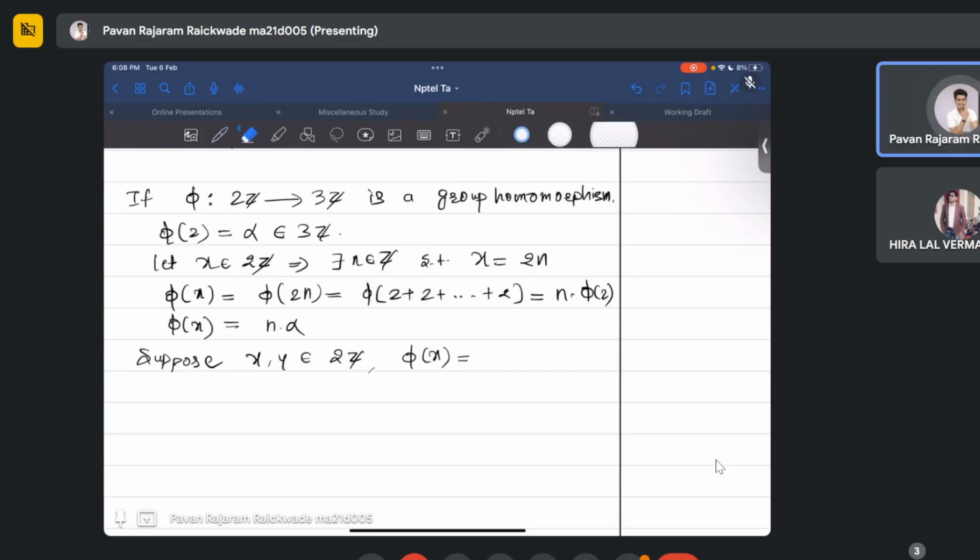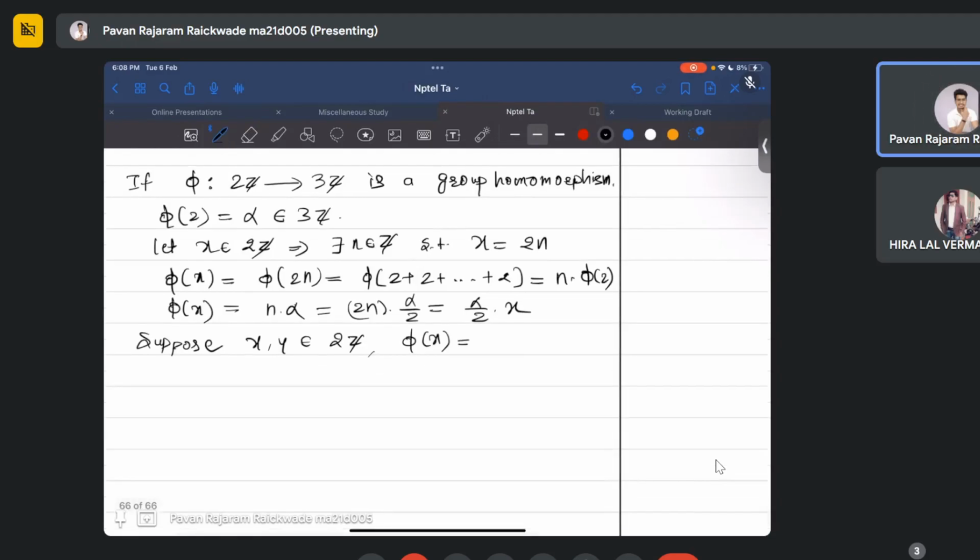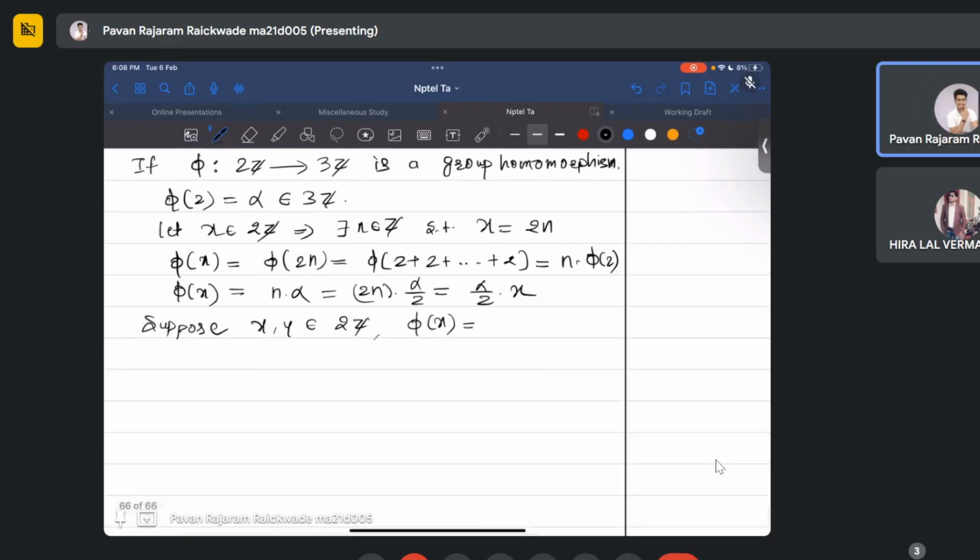Instead of writing it this way, I can write 2n times alpha by 2, which is alpha by 2 times x. This is my homomorphism. So phi of x is alpha by 2 x, and phi of y is again alpha by 2 y.